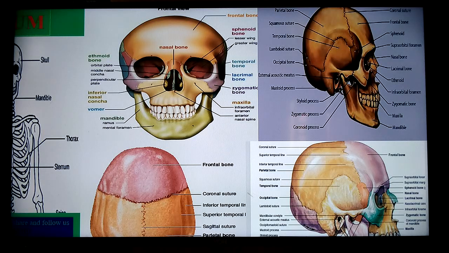Now, as we go by, we're going to see that there are different areas which we are going to use in identifying various features of this particular cranium. That is going to assist us in appreciating the various features that we may come across, in addition to the sutures that we have talked about, which are going to assist it perform its overall function.